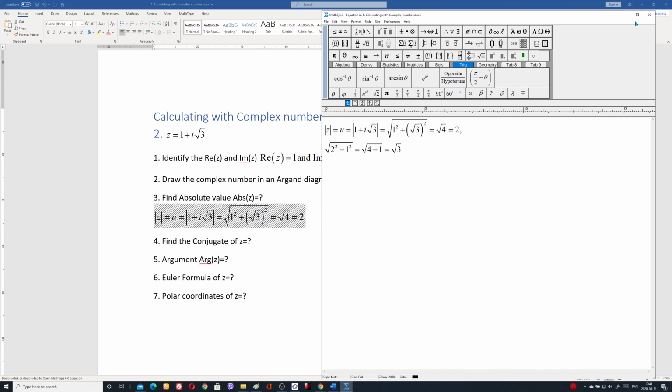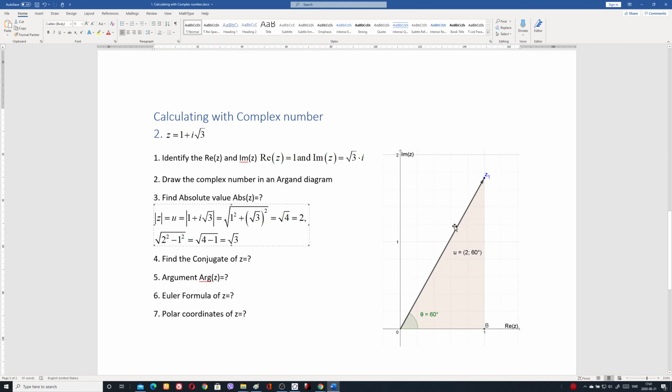Okay, so now we have calculated this one. So this here is the square root of 3. So you know how people do that. And square root of 3 is 1.73, something like that.